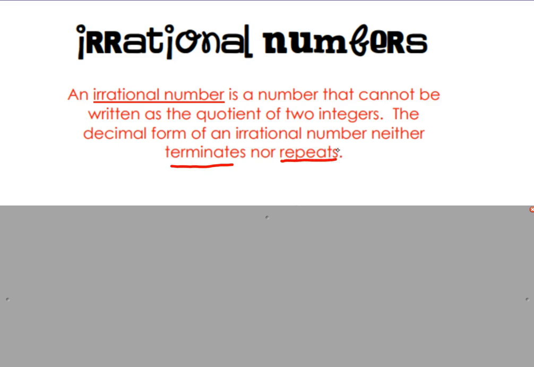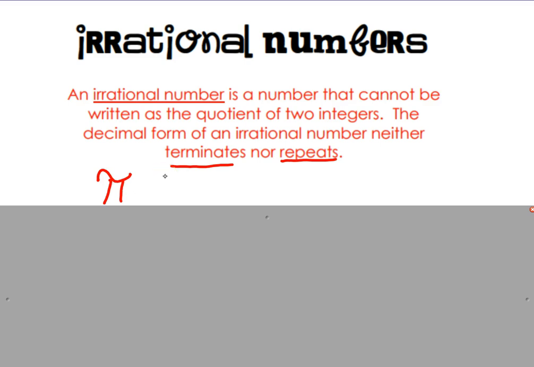Okay, so let's think about what kind of numbers do not repeat or terminate. All fractions repeat. Whole numbers repeat. So let's think about numbers that neither repeat nor terminate. One number that doesn't repeat or terminate would be pi. You've probably learned that pi is a number that keeps on going.